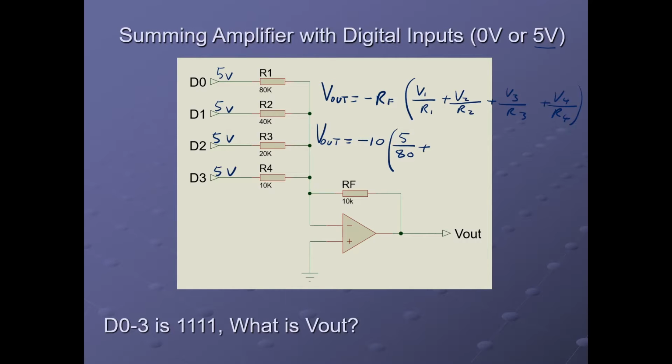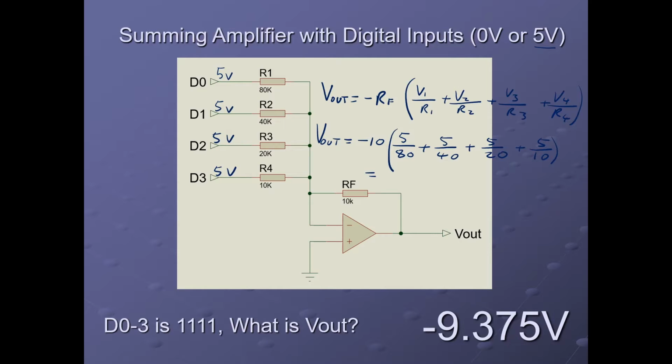It's cheating a little bit, but if you want to, you can put 10 times 10 to the 3 and 80 times 10 to the 3. You'll get exactly the same answer. 5 over 40 plus 5 over 20 plus 5 volts over 10k. If you put that all into your calculator, then you will get, you ready? Minus 9.375 volts.